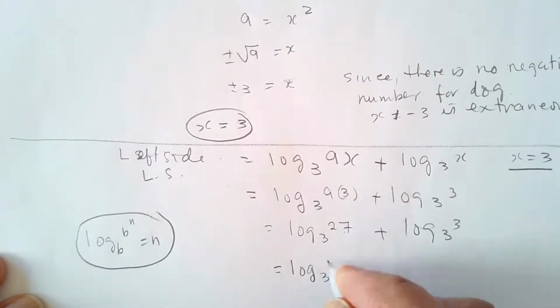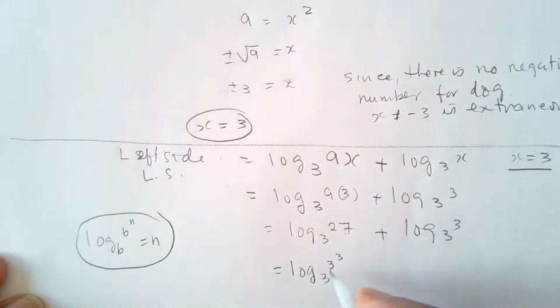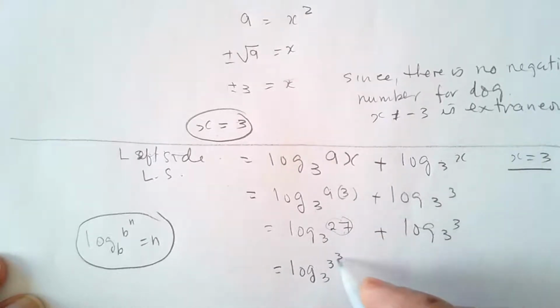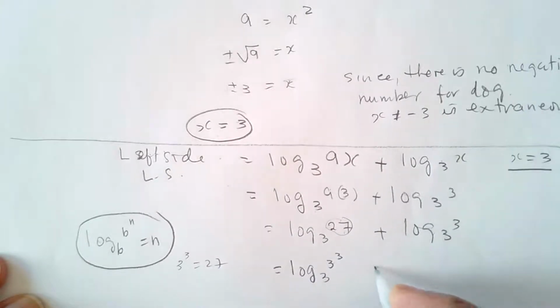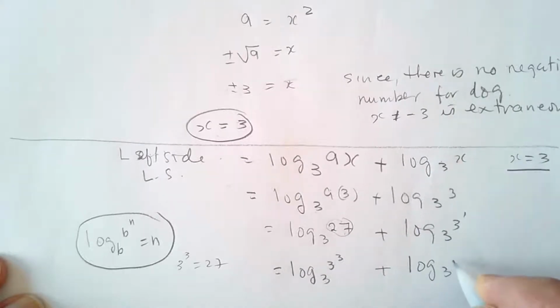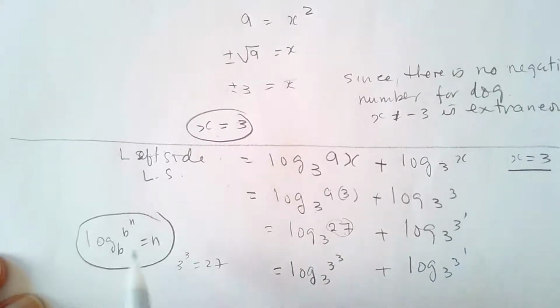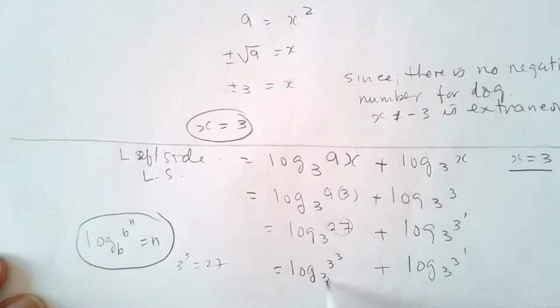Just to show you, 27 could be written as 3 to the power 3. Plus, now this is 3, we can rewrite this as 3 to the power 1. So using this definition for log, we have log base 3 of 27 is equal to 3.